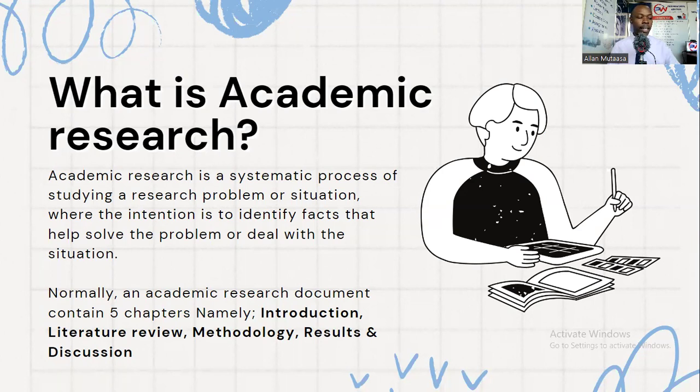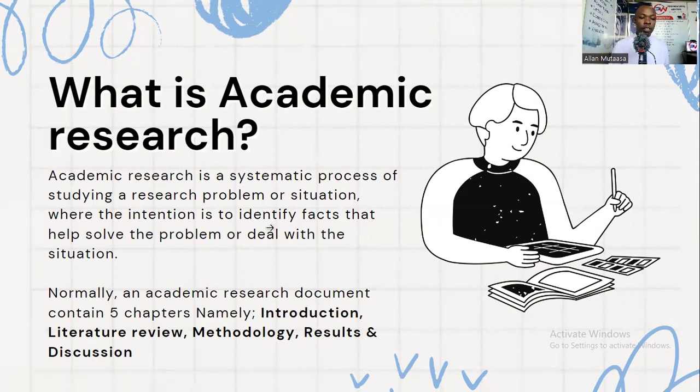It is an ideal that we use in academia to help students discuss the problems that they could face in their lives, maybe at school, or the problems that are faced by other people elsewhere. So it is a systematic process of studying a research problem or situation, okay?